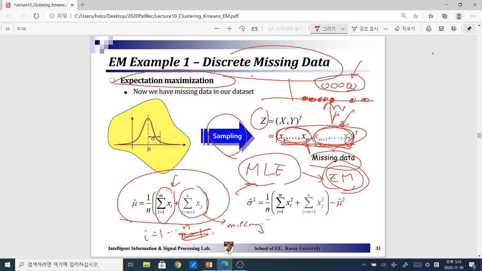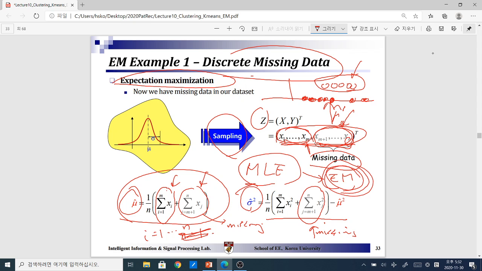And similarly for the computation of the estimate of the variance, these values are missing. So that's going to be problematic for now, right? How do we then estimate the mu when these values are missing?